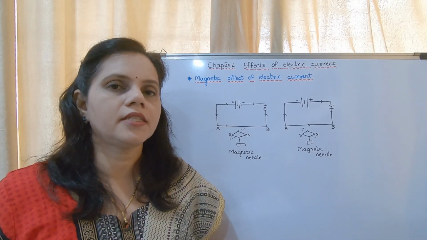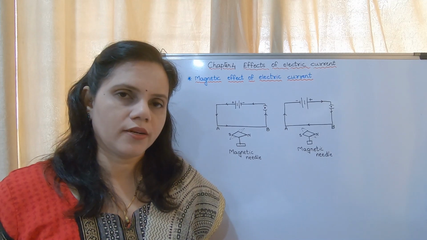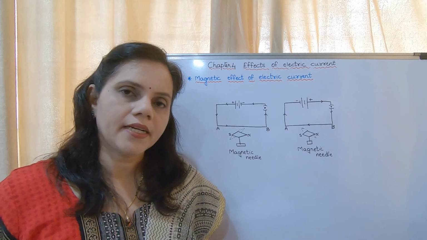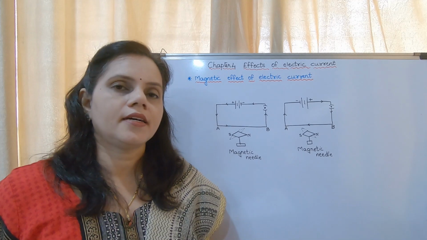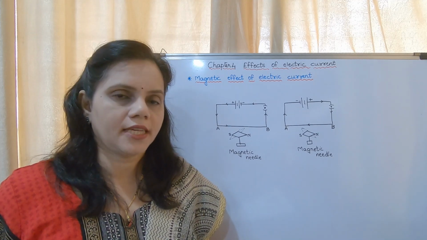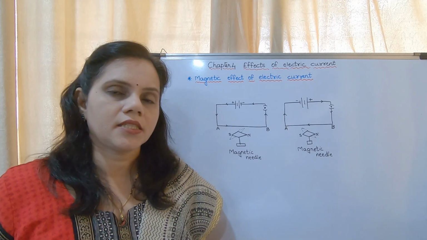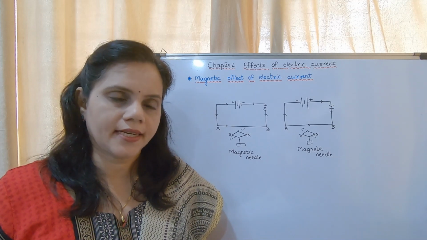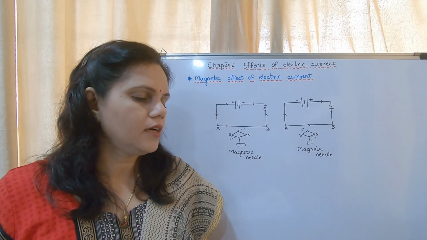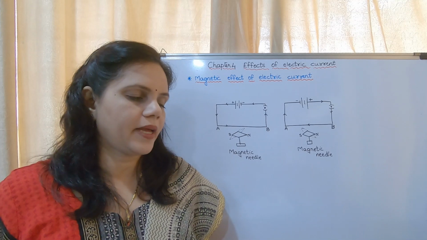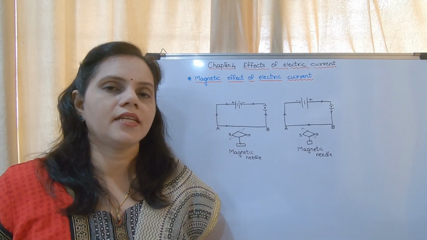He observed that when a current passes through the wire and if there is a magnet kept near that wire, the position of the magnet will change. Now, in that box, the last sentence: in his honor, the unit of intensity of the magnetic field is termed as Oersted.